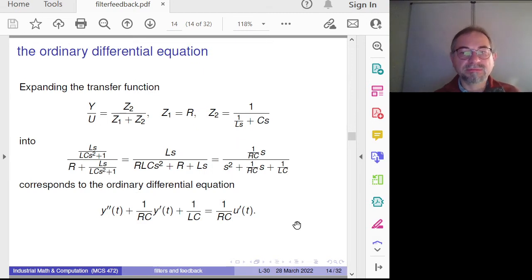And then let's do some basic algebraic manipulation, which we can do simply by hand. No computer algebra is needed here.